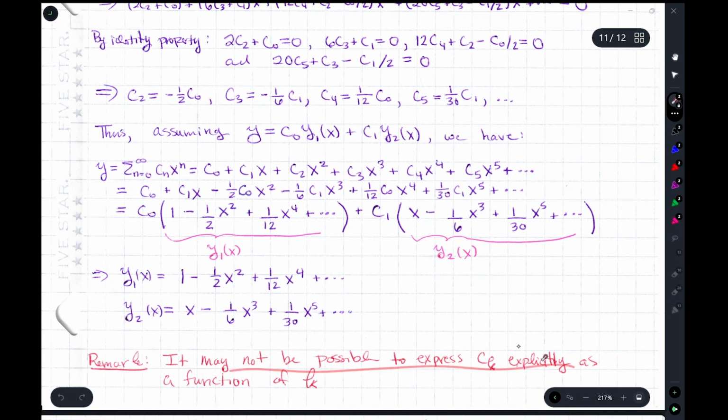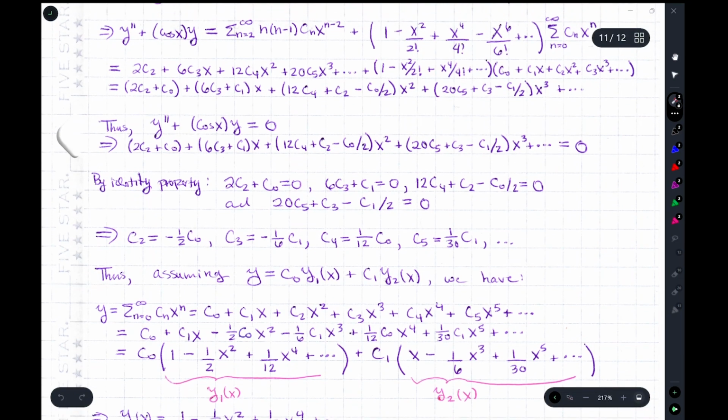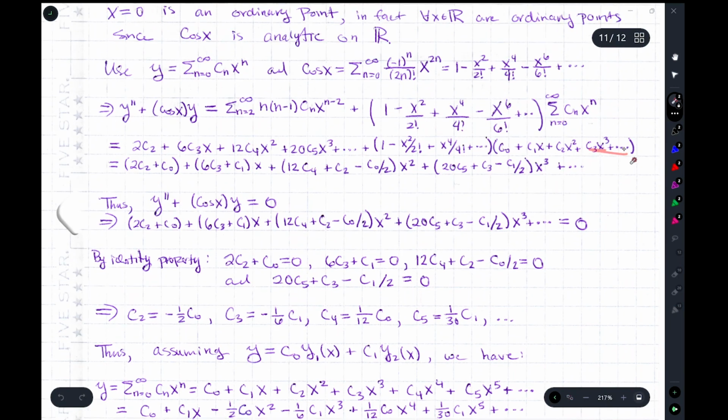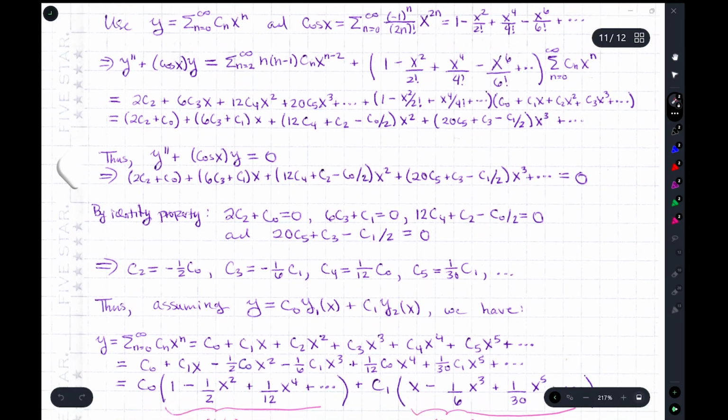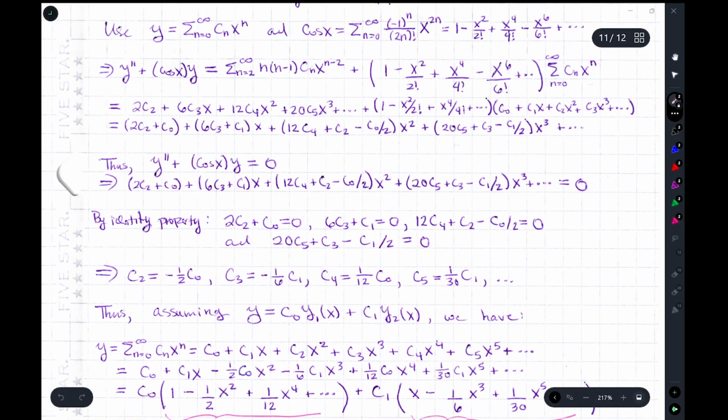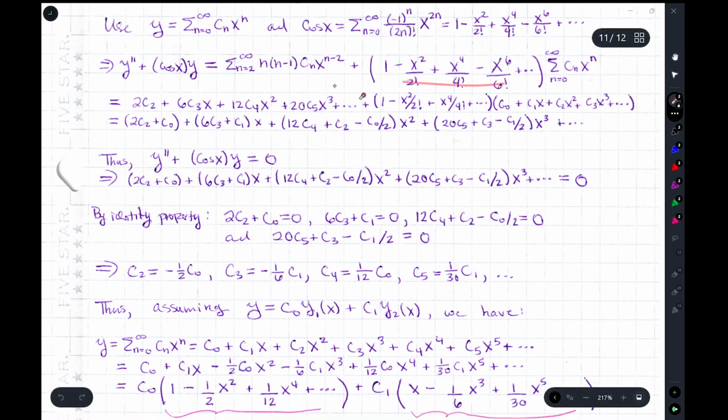And here I write, it may not be possible to express ck explicitly as a function of k, just as we have here. So what do we do in this case? We could have gone up in our initial expansion here to x to the 4th, x to the 5th. It's as high as you want to go. Make sure you're consistent with taking enough terms from each of these when you do that, so the cosine x and the rest.